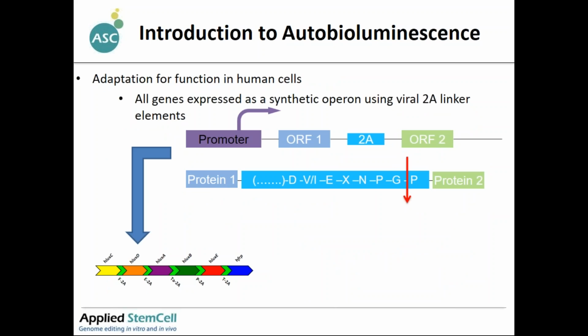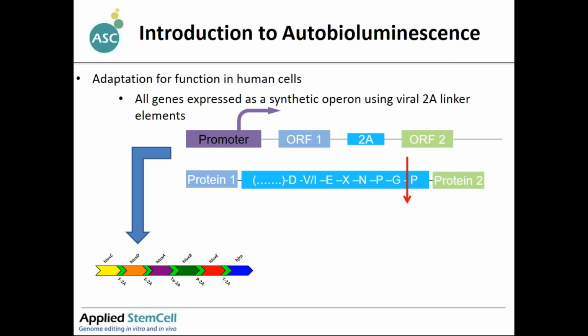Despite it being a complex multi-gene cassette, the autobioluminescent pathway has been re-engineered by linking the Lux genes with multiple viral 2A linkers to enable all genes to be expressed as a single construct using a single promoter in human cells.